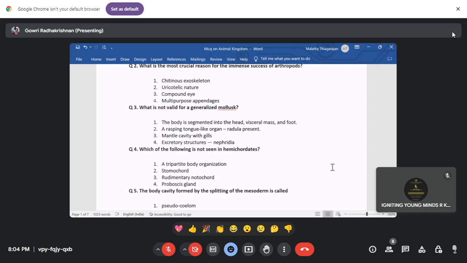So option 1 is the answer. Because they have a soft, unsegmented body, and the body is usually covered by a hard shell, like a snail, for example. It comes in mollusk, right?